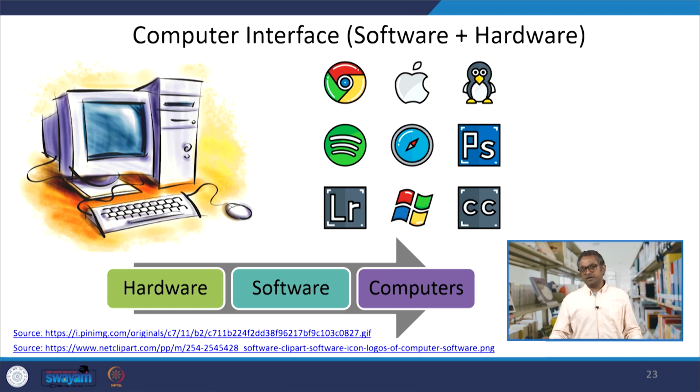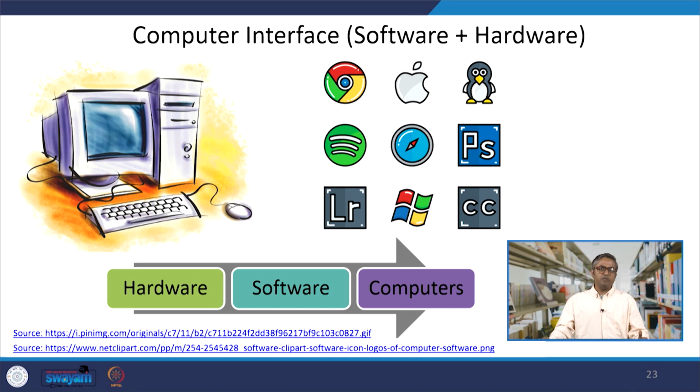Different softwares are there: Adobe Photoshop, Linux, Microsoft Windows, Safari, Chrome, Spotify, JioMusic, all these. One is a replacement of another, which is a replacement of yet another, but they do serve the same purpose.